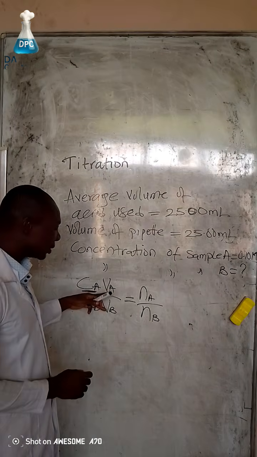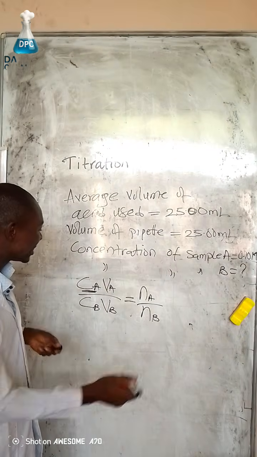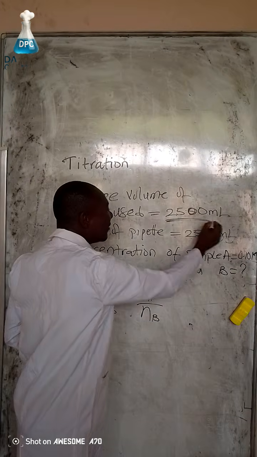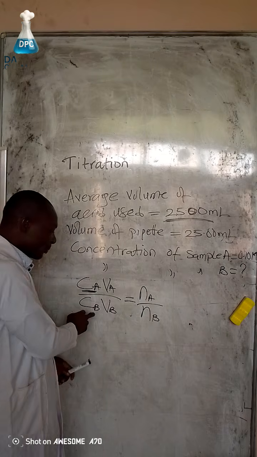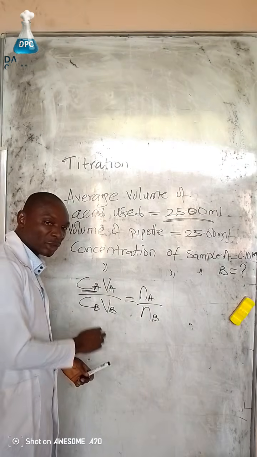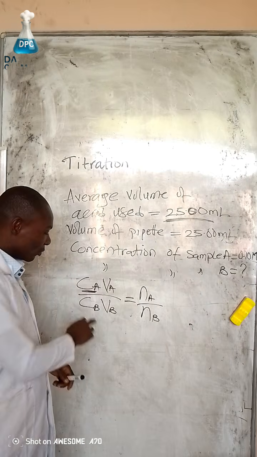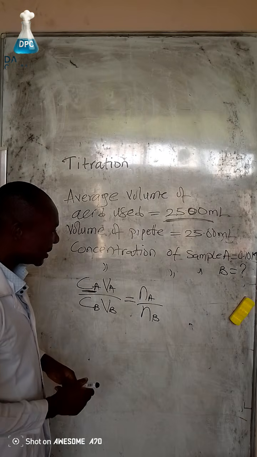This is actually gotten from the average titre volume. So in this case, VA is our average titre volume. Now, CB is the molar concentration of sample or solution B, which is the concentration of the base.